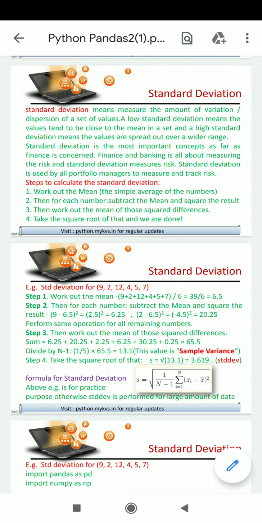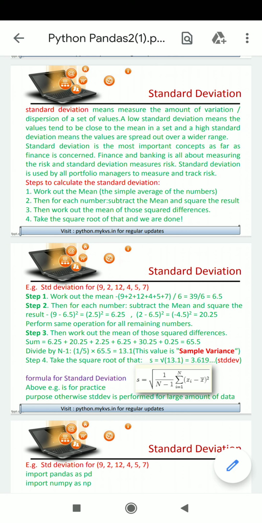Low standard deviation means the values tend to be close to the mean in a set. In the first example, we have 5 numbers and all are 5. There will definitely be low variation between values because all are 5. So that is low standard deviation.